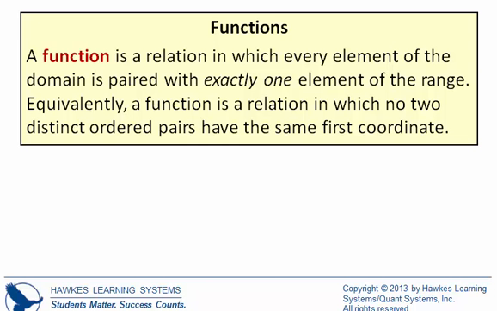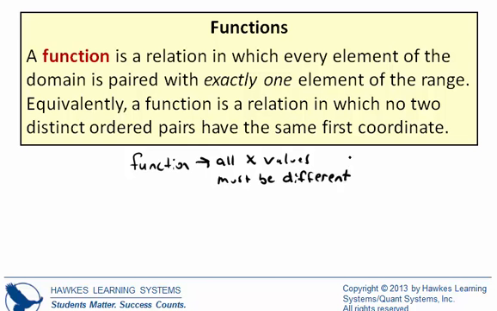To say that something is a function is saying that all of the x values have to be different. Note that it does not say anything particular about the second coordinate or the y values, but if you have a function, all of your x values must be unique.